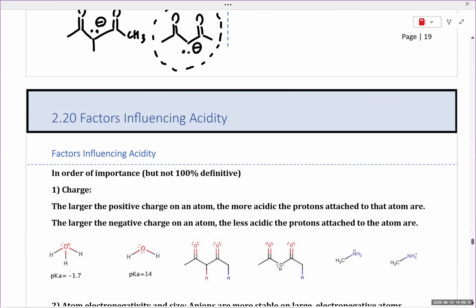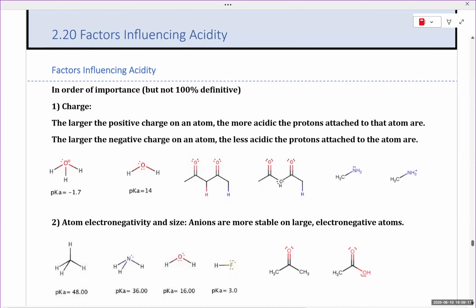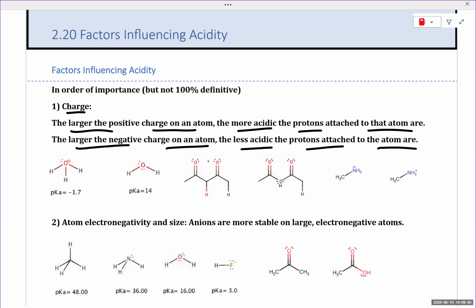Okay, let's talk about some other factors influencing acidity, and let's talk about these factors in order of importance. So, one of the major factors influencing acidity is this idea of charge. The larger the positive charge on an atom, the more acidic the protons attached to that atom are. The larger the negative charge on an atom, the less acidic the protons attached to that atom are.